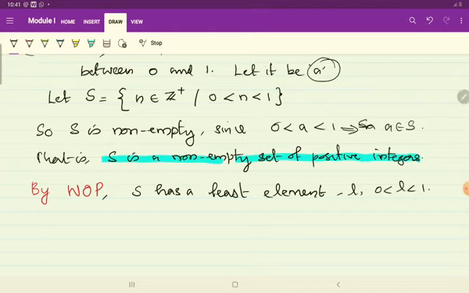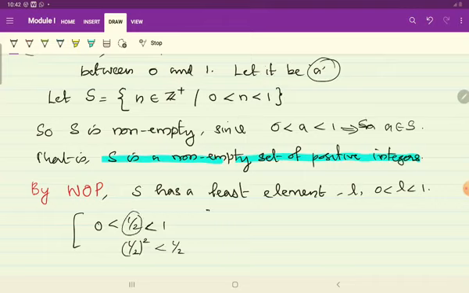Since L is greater than 0, L is positive, this implies L square is also positive. Between the two numbers 0 and 1, we know 1 by 2. Suppose we know 0 is less than 1 by 2 is less than 1, and what about its square? 1 by 2 whole square will be less than 1 by 2, isn't it?